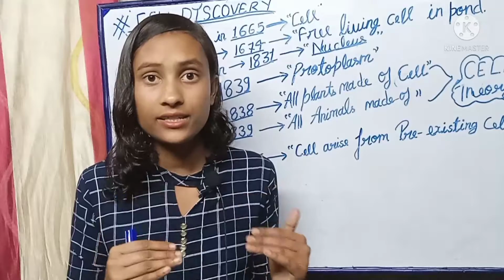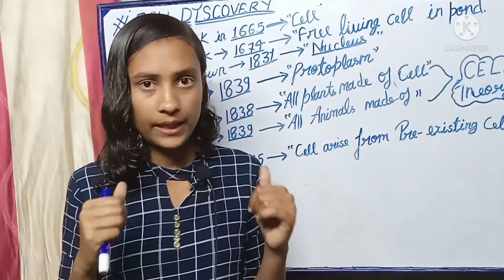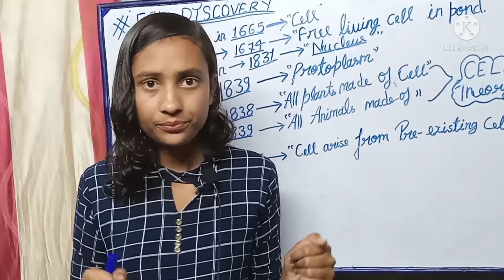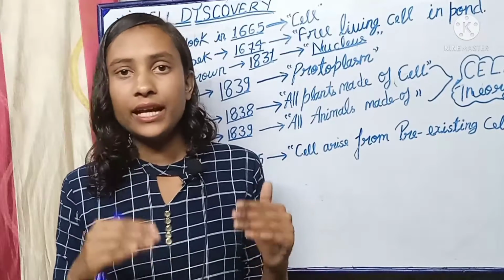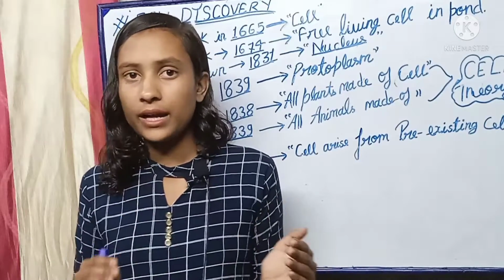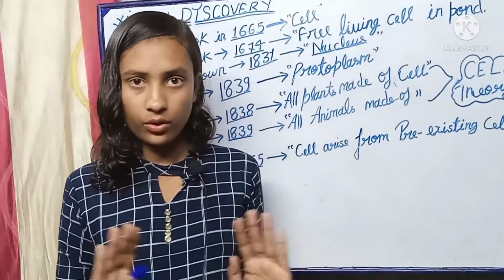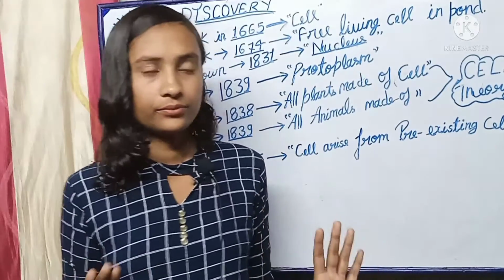For now, the dead cell was first discovered by Robert Hooke, that you have to learn. After that he observed and concluded that it's like a small room, and then he gave it the name cell. Okay, so I hope it's clear.